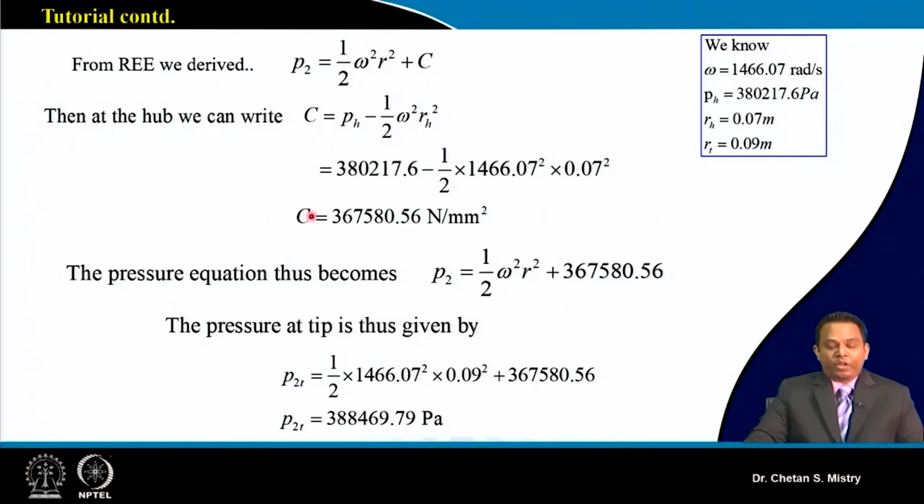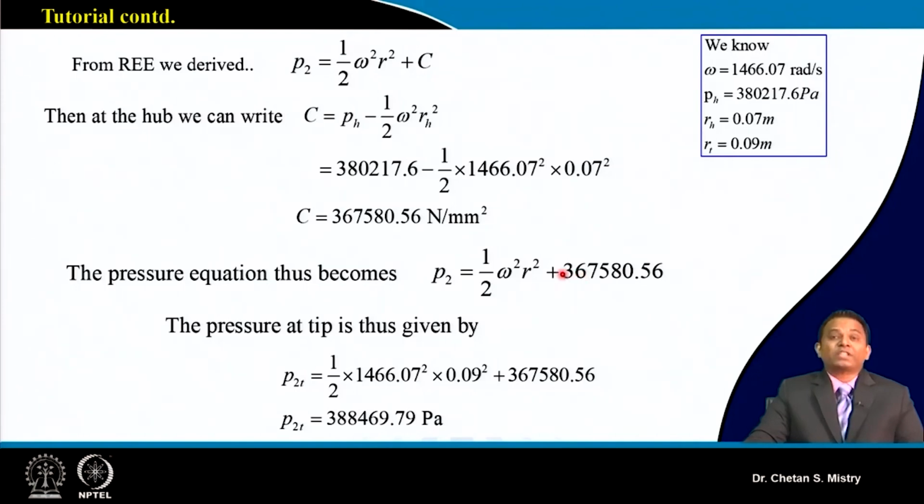If we put these numbers, this constant comes as 367580.56. Be careful, do not forget to write down the unit of this constant. Since this is a constant known to us, we can now write down our static pressure at the outlet as half rho omega square r square plus constant.